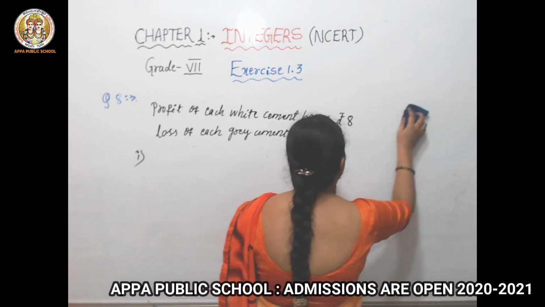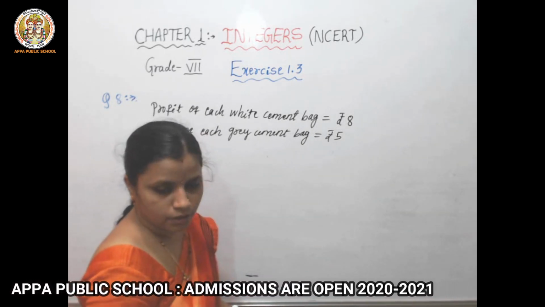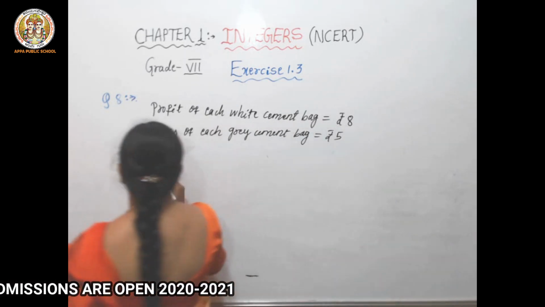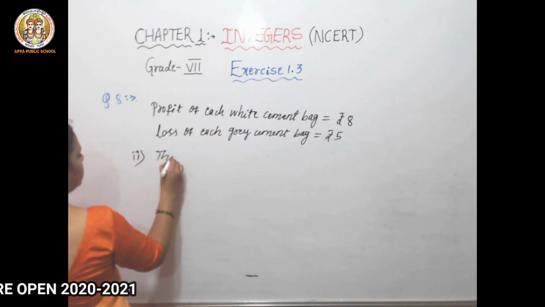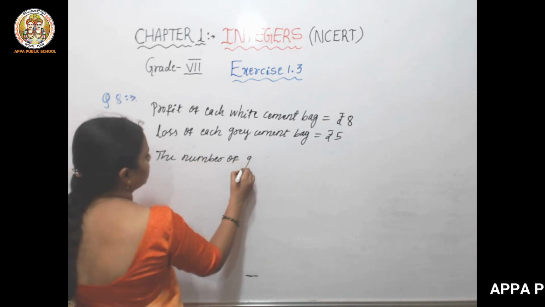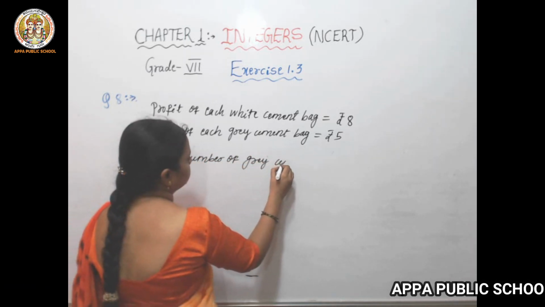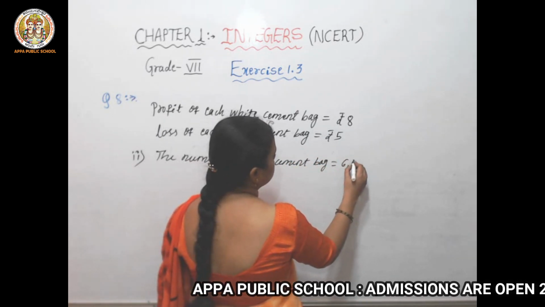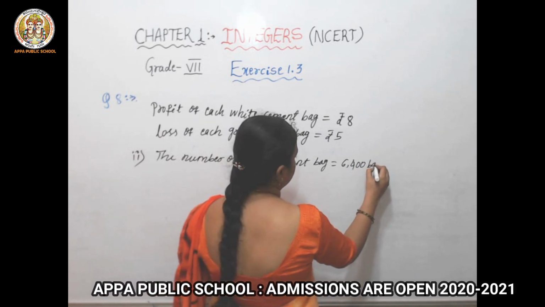The condition given is neither a profit nor a loss, and the number of grey cement bags is 6,400.